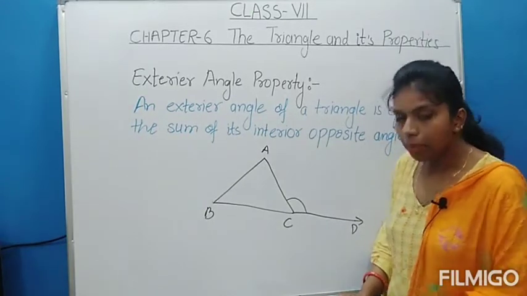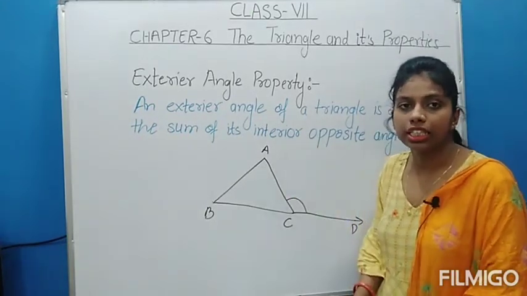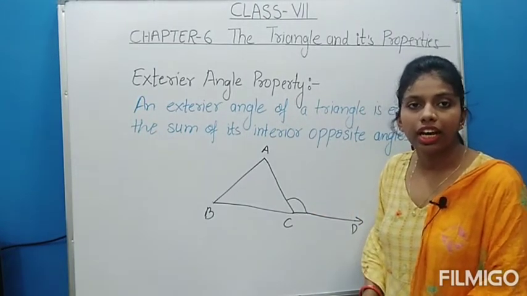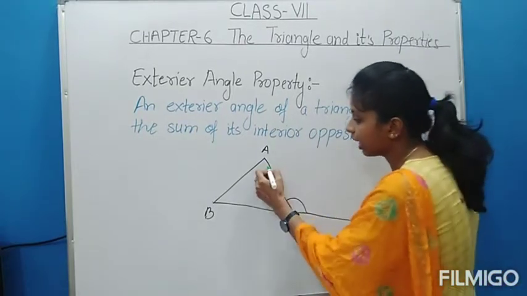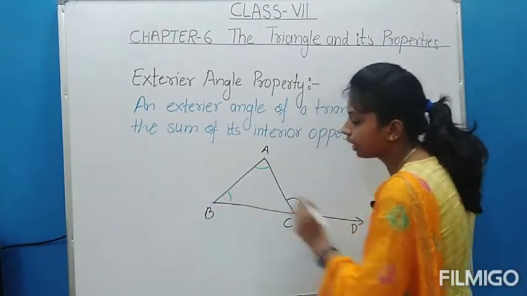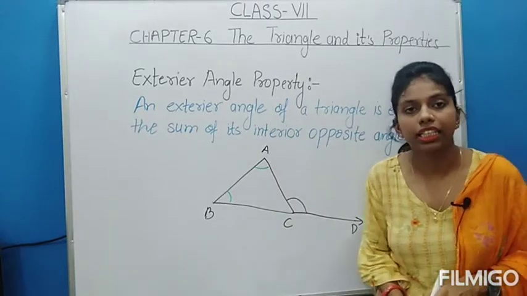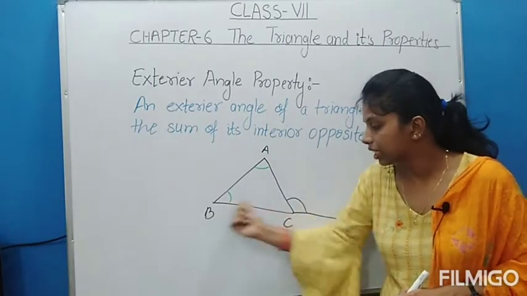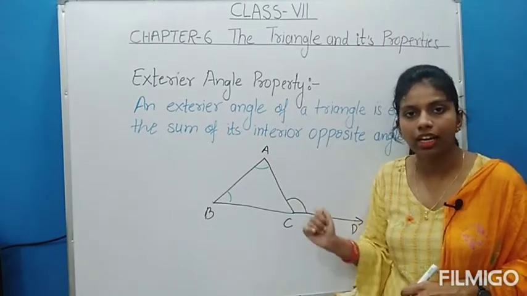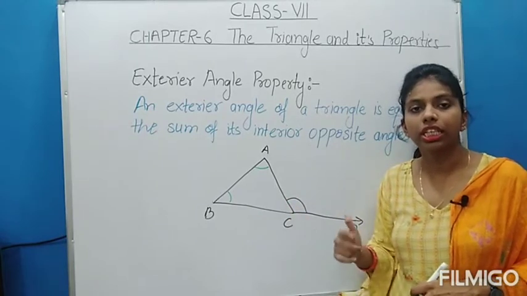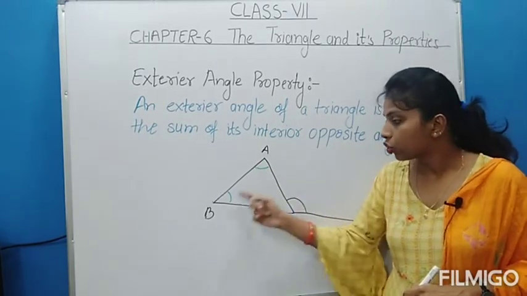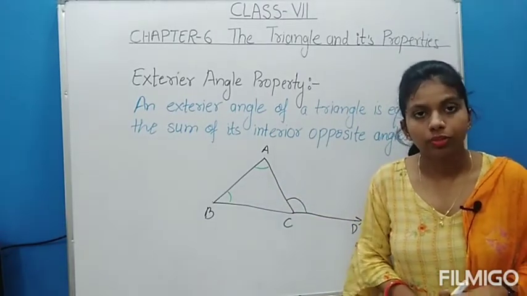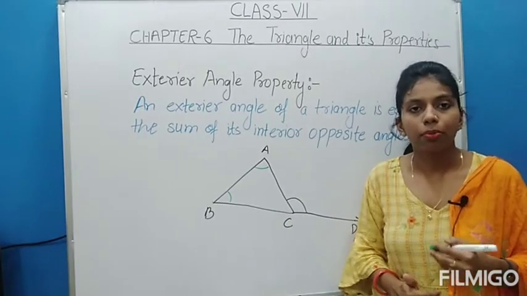And the angles opposite to this exterior angle, which lie inside the triangle, are called interior opposite angles. Means angle A and angle B are called interior opposite angles. Of course, this angle ACB lies adjacent to this exterior angle, so it is not an opposite interior angle.